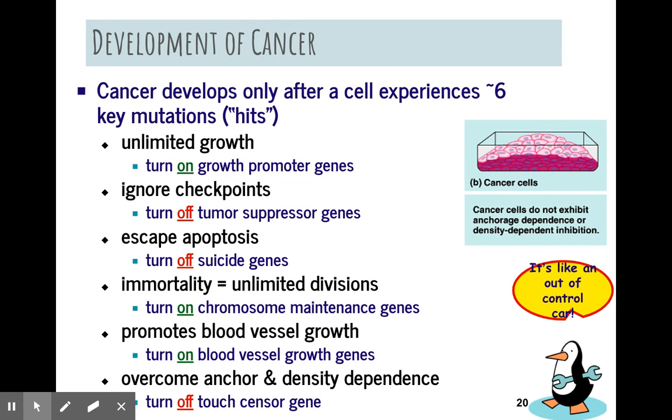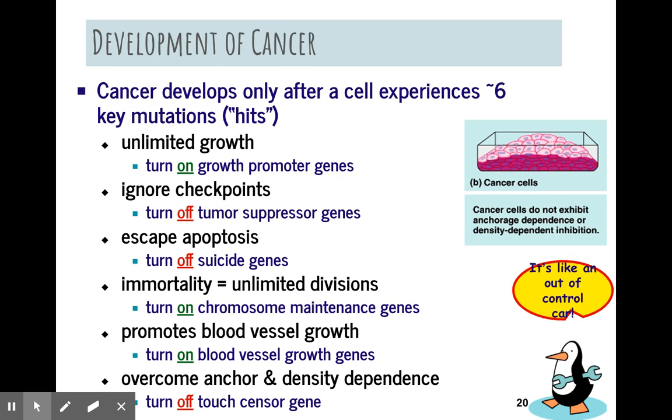All right, development of cancer. If you did not listen to me at all, this is the one thing that you should know. If there's anything you need to know, this is a slide that you guys need to know. Cancer develops only after a cell experiences at least these 6 key mutation hits. It has unlimited growth, so these cells grow out of control, meaning that the growth promoter genes are turned on. It ignores the checkpoints, so we turn off the tumor suppressor genes.